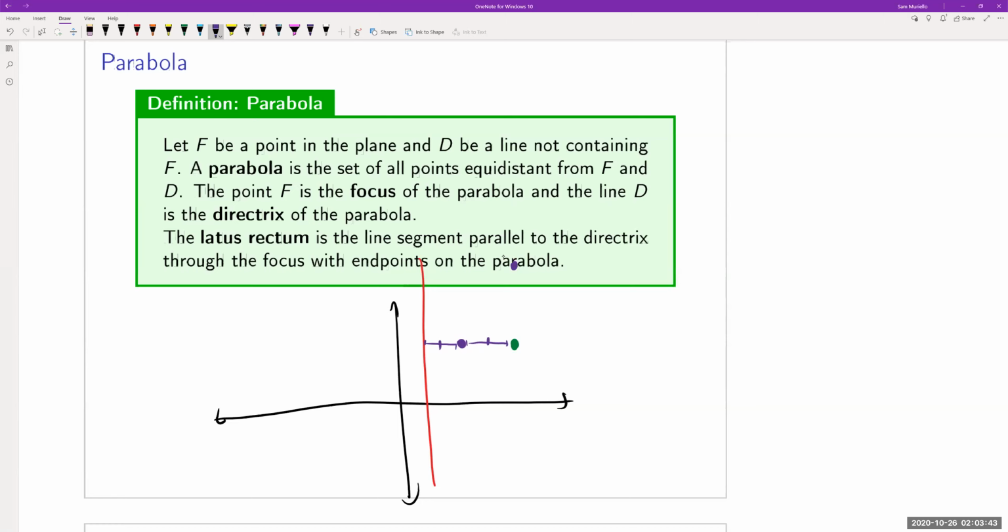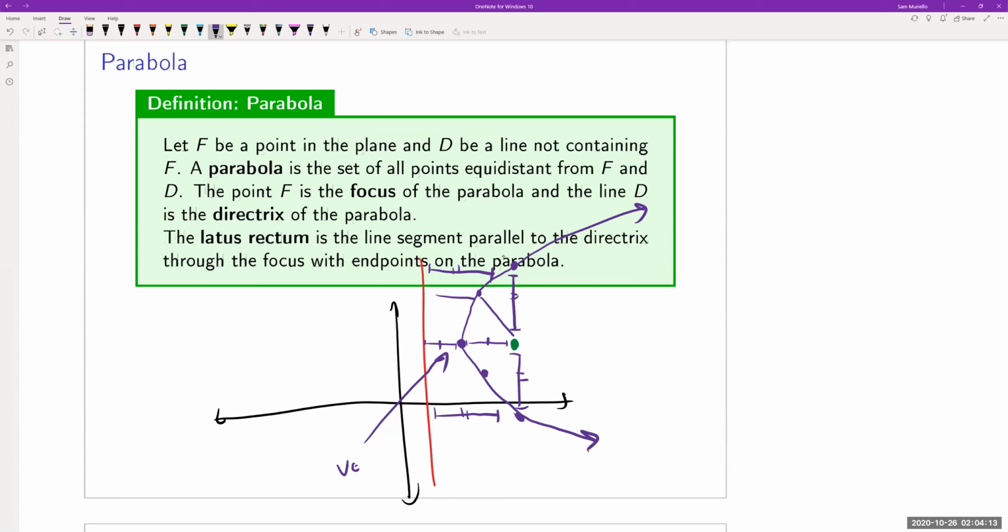This point and this point, because this distance matches this distance, and this distance matches this distance. We could also have, say, a point over here, because this distance matches this distance. And when we sculpt in all the missing pieces, we get ourselves a parabola.